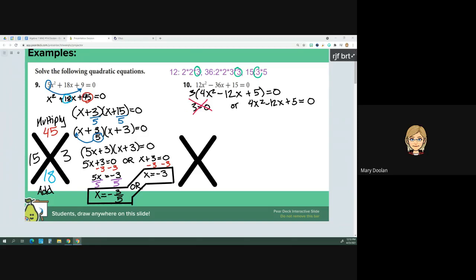Our coefficient in front of the x squared term is still not 1, so we are going to use that bottom up method. We're going to circle the 4, multiply it with 5. My new trinomial now is x squared minus 12x plus 20 equals 0.